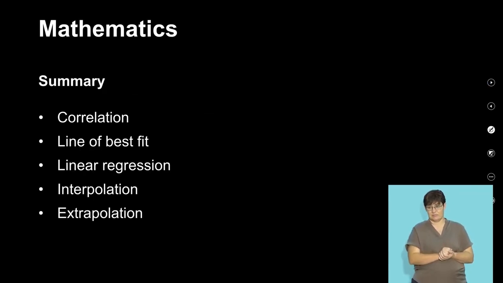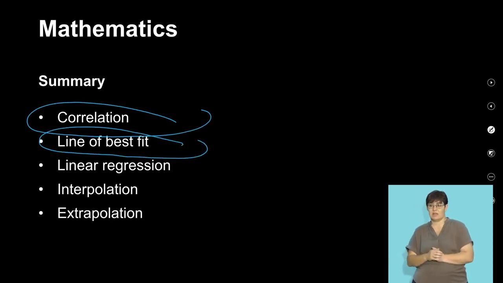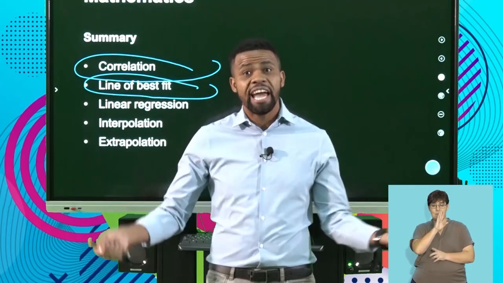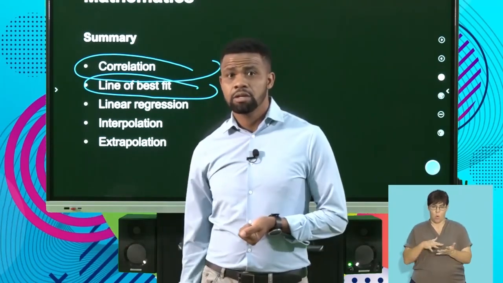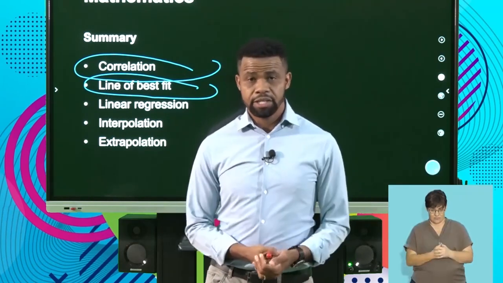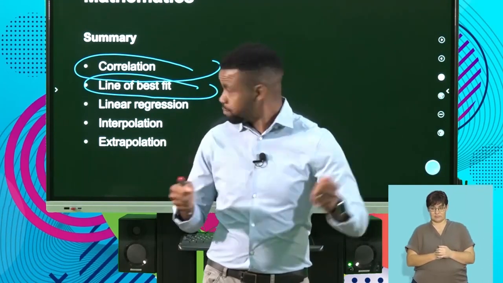So now let's look at our summary. We looked at correlation, the line of best fit, linear regression, interpolation, and extrapolation. Very important. Correlation is about association: strong correlation, no correlation, weak or negative correlation. It talks about the association between the two variables.